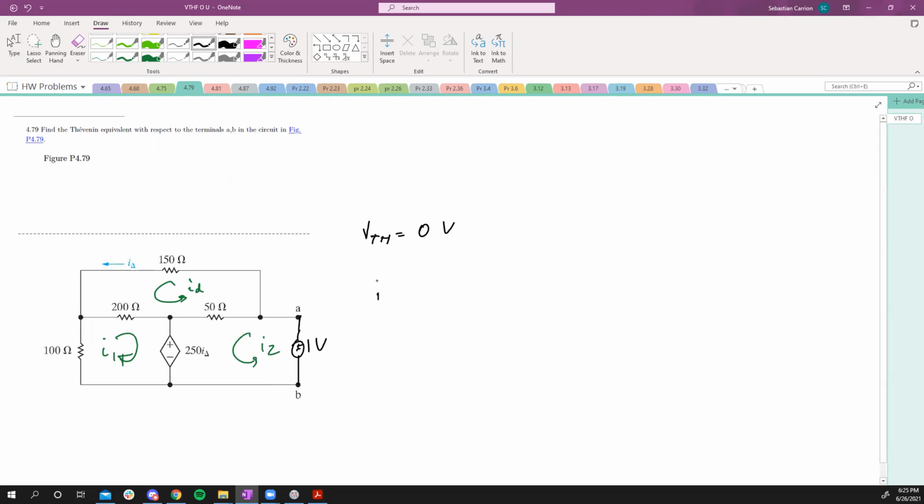Okay, so our first equation, you can say 150 times I delta plus 200 times I delta plus 1 plus 50 times I delta minus I2 equals 0.